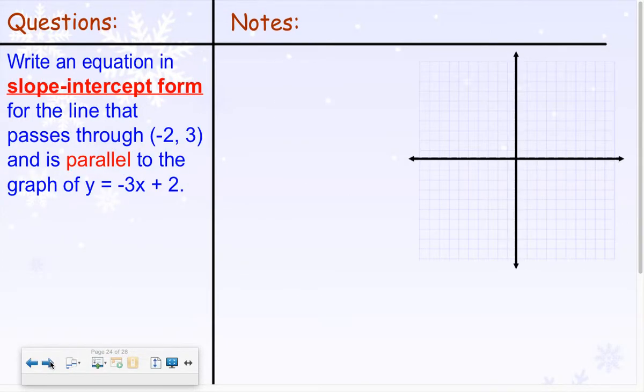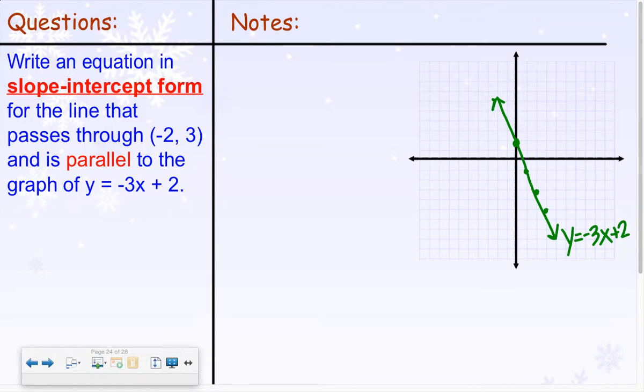All right. Write an equation in slope-intercept form for the line that passes through negative 2, 3 and is parallel to the graph of y equals negative 3x plus 2. So let's look at what we're given here. We're given the graph y equals negative 3x plus 2. And we're given a point.